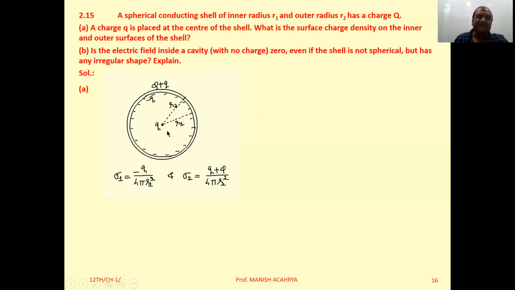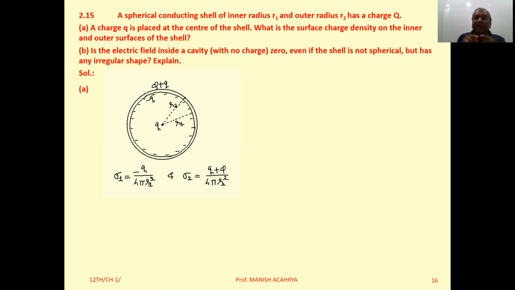Now if we place charge small q at the center, then what happens? As soon as we place charge small q at the center, the same amount of negative charge will be accumulated at the inner surface of the shell.